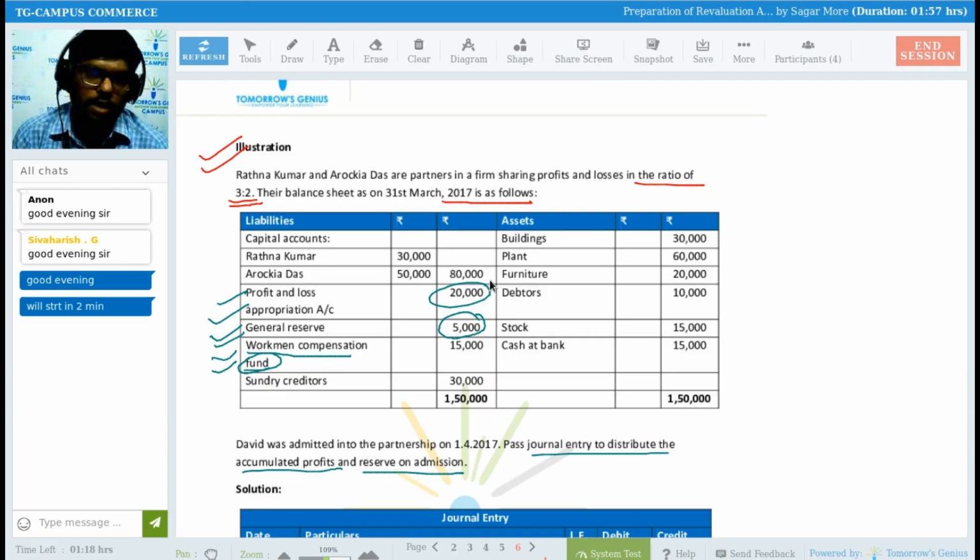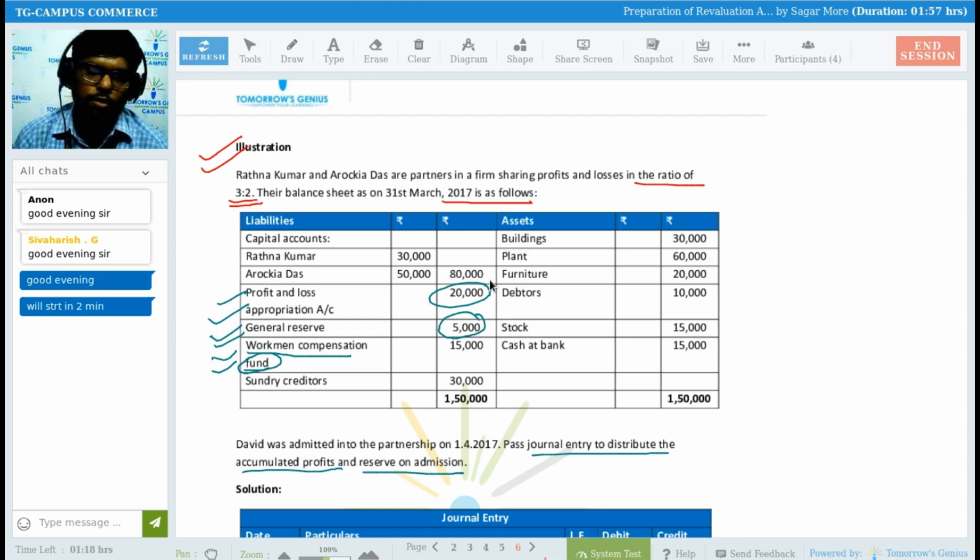Because if any uncertain event occurs, for example a fire or an accident, and a worker is damaged, loses his life or loses a body part, then the medical expenses of that employee can be met by the company from this fund, right? Because they have created the fund and kept the amount aside.